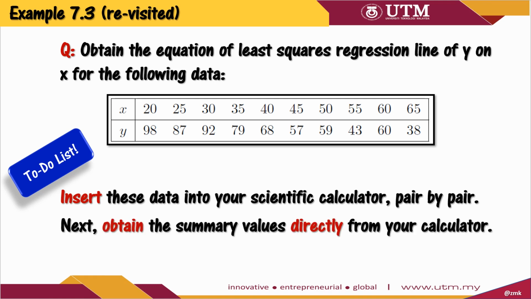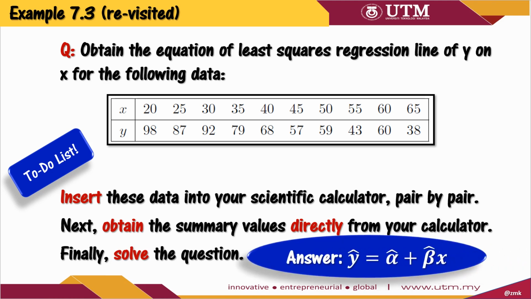Next, you can obtain and list down all summary values directly from your calculator. And finally, solve the question, which is to obtain the straight line equation represented by y hat equal to the value of alpha hat plus the value of beta hat times x, where the values of alpha hat and beta hat are obtained from your calculator.